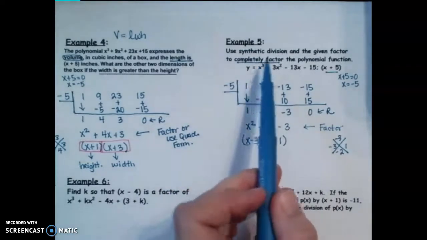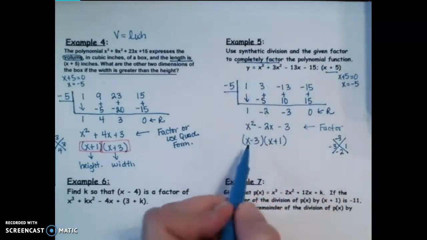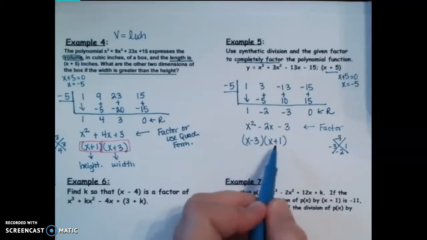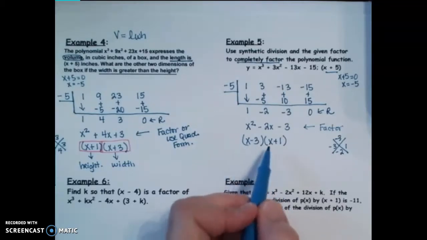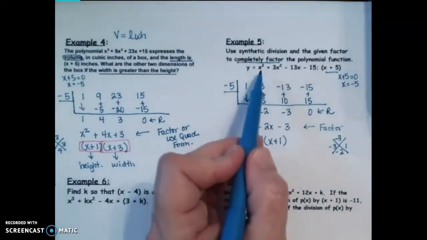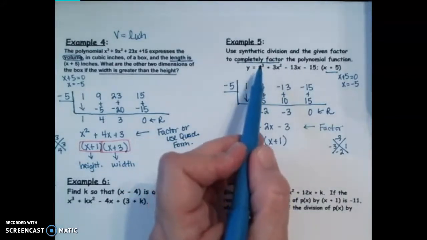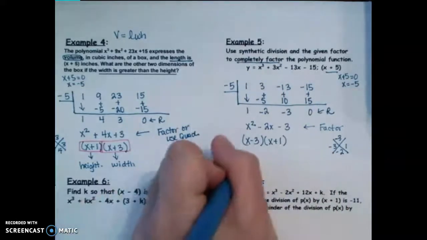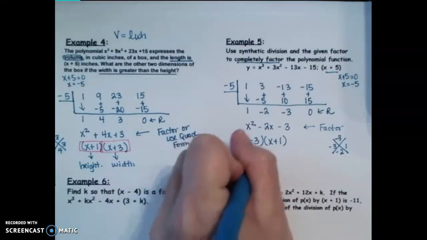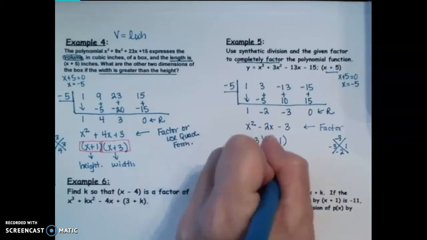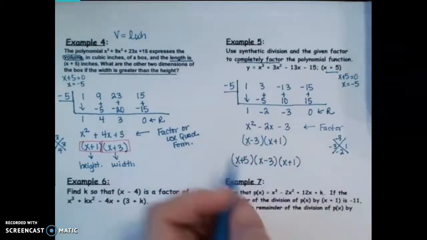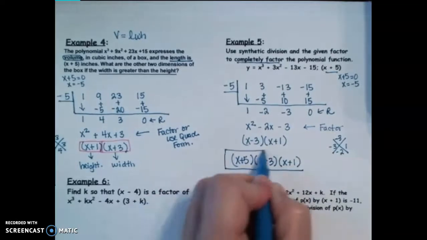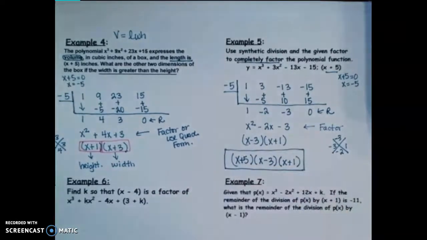Back up to the question, completely factor. If I multiply these two together, FOIL, distribute, box, whatever method you want, x times x is x squared. That's not what my polynomial started with. For the complete factorization, remember they gave you the first factor, so don't forget that, because your factors should all multiply back to your original polynomial. So there's the complete factored form.